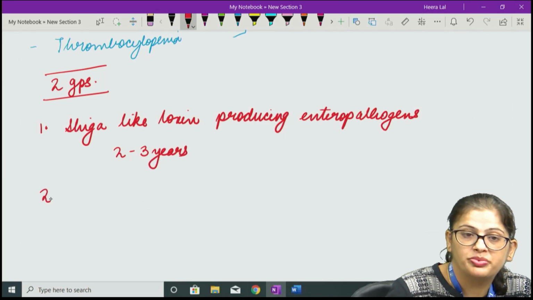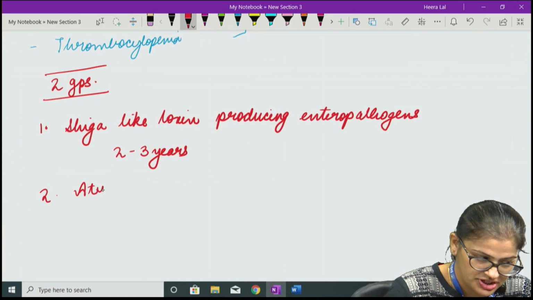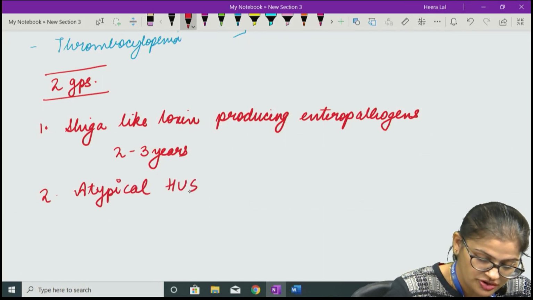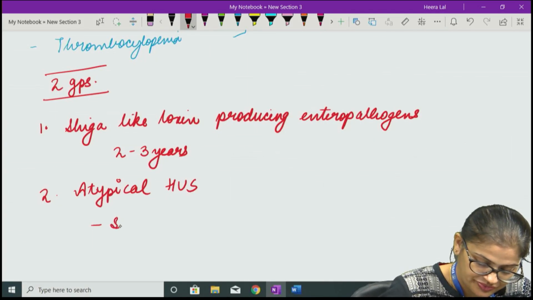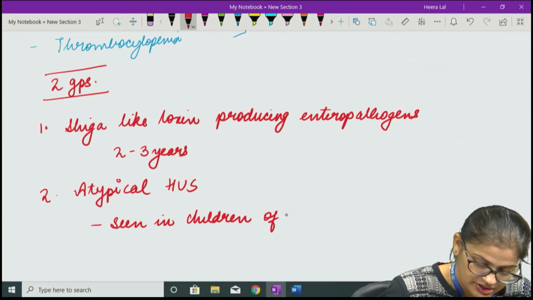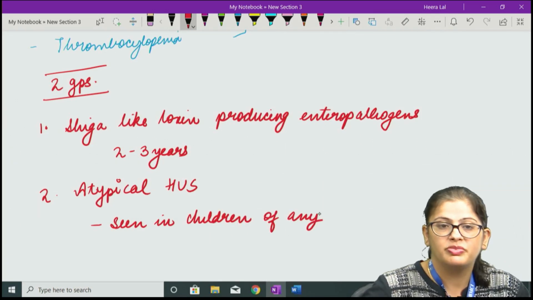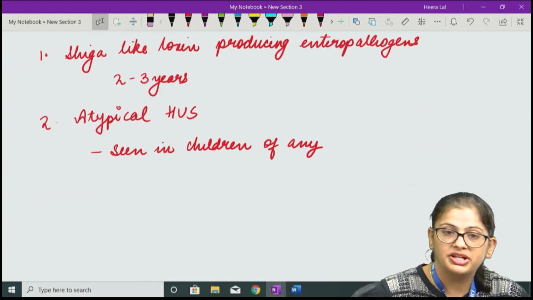The second group is that of atypical hemolytic uremic syndrome, which can be seen in children of any age. And it is not necessarily caused by Shiga toxin producing enteropathogens.